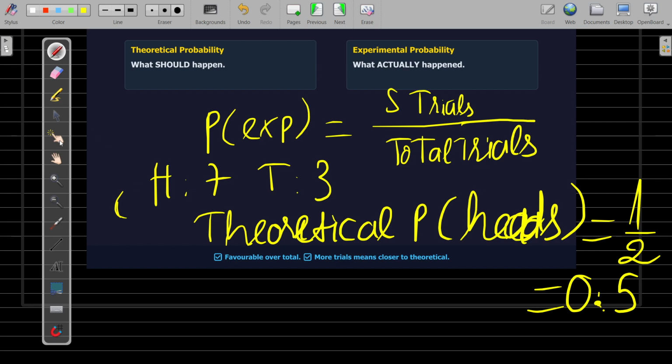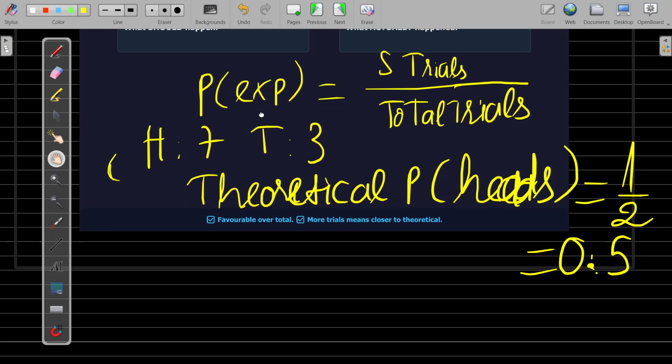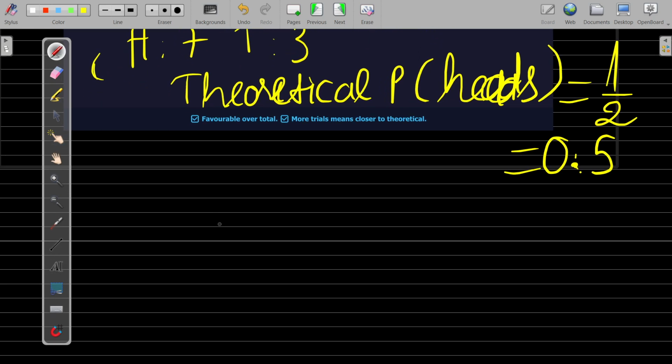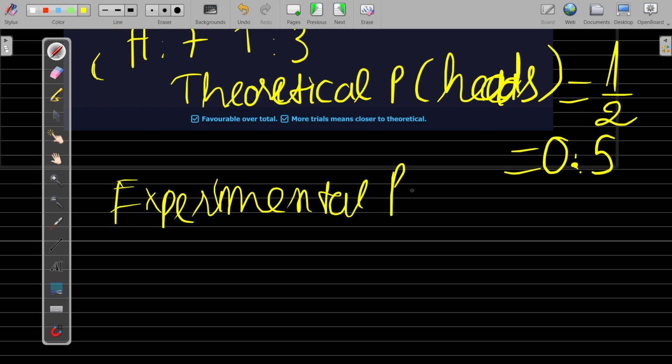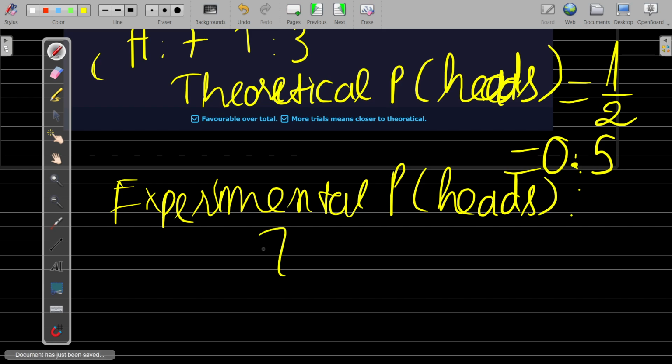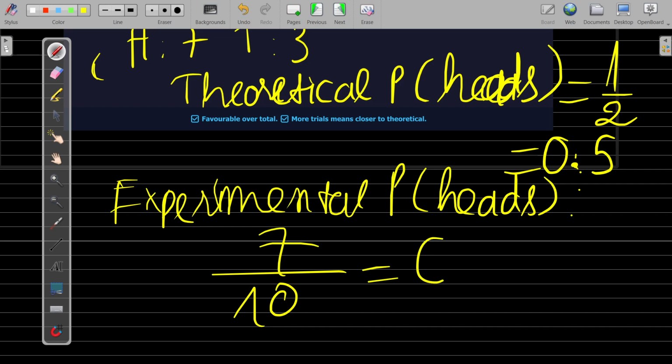But in experimental P of heads, because I succeeded 7 times, I need to divide 7 by 10. This is actually the experiment that I got.